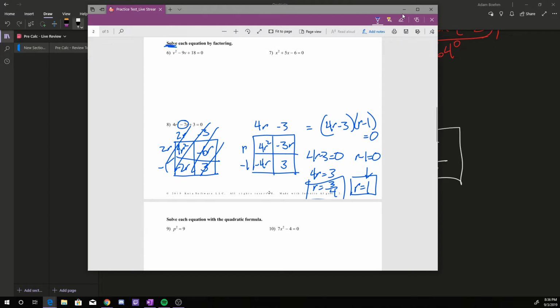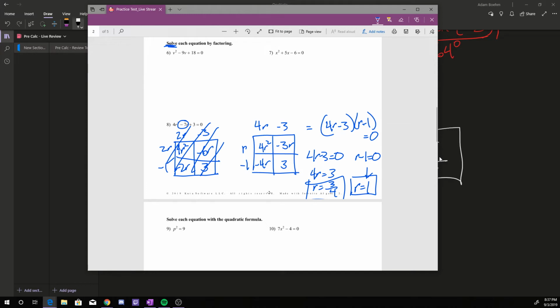A lot of people think that the first guess has to be the right guess. It's not. You have to keep trying with this algorithm in order to get the right answer, and eventually you do. And then you can always check this. So 4r times r is 4r squared. And then 4r times -1, that's -4r, -3r. Those add up to -7r.